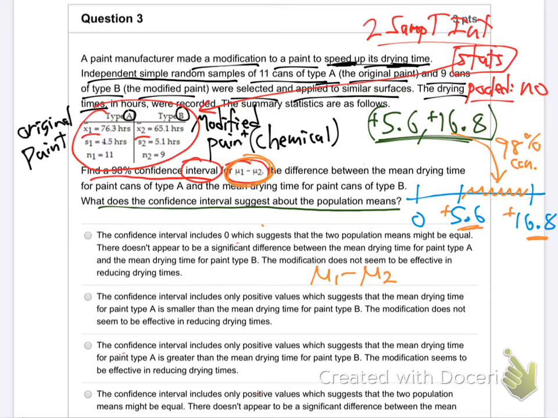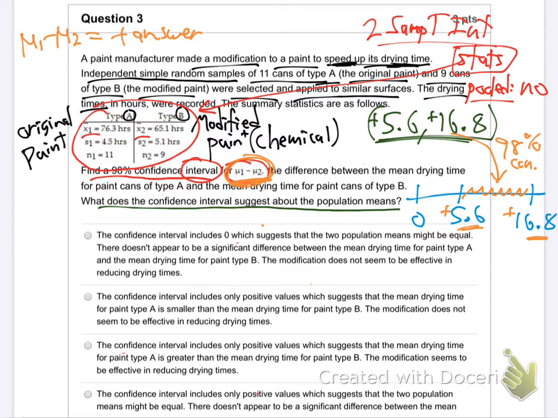We're subtracting two numbers. So if you subtract two numbers and get a positive answer, what does that mean?